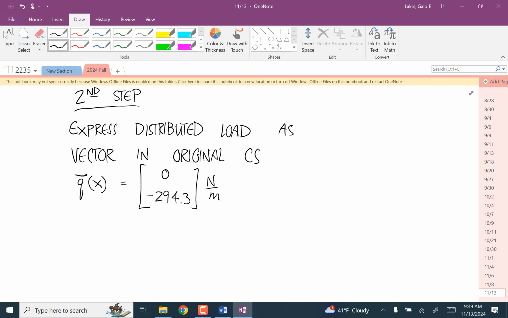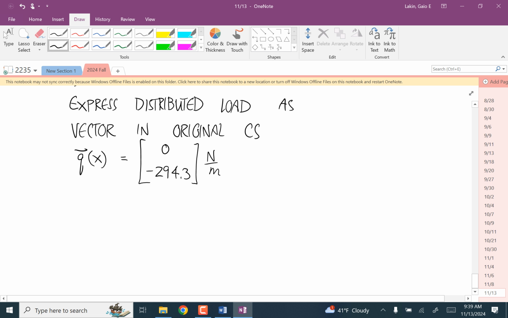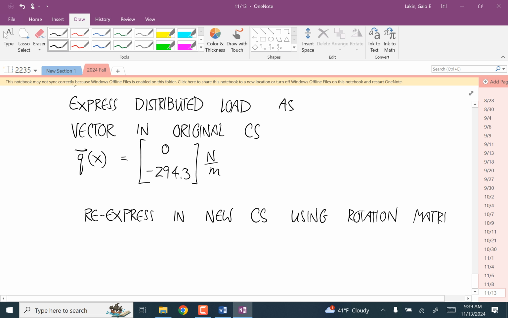Then re-express this in the new coordinate system using the rotation matrix. We're only going to do this for uniform distributed loads because we're only going to do it for weight.